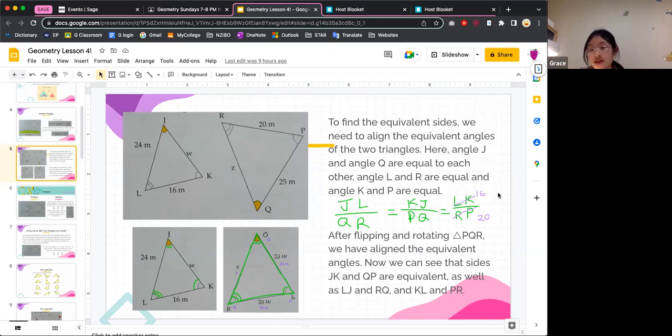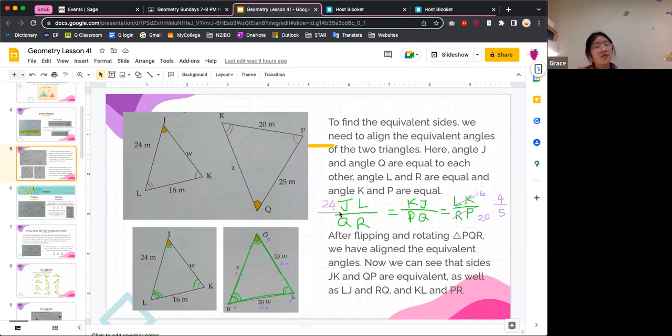To make it easier, we could simplify it to 4/5. So we know that the ratio of LK over RP is 4/5. We can use this to work out some other sides. For example, JL is 24.